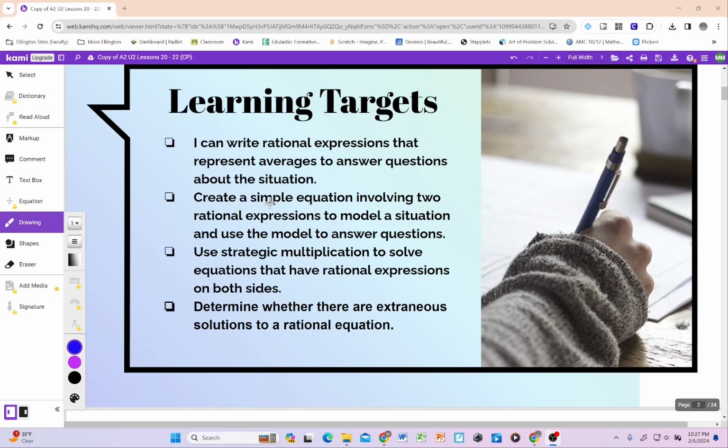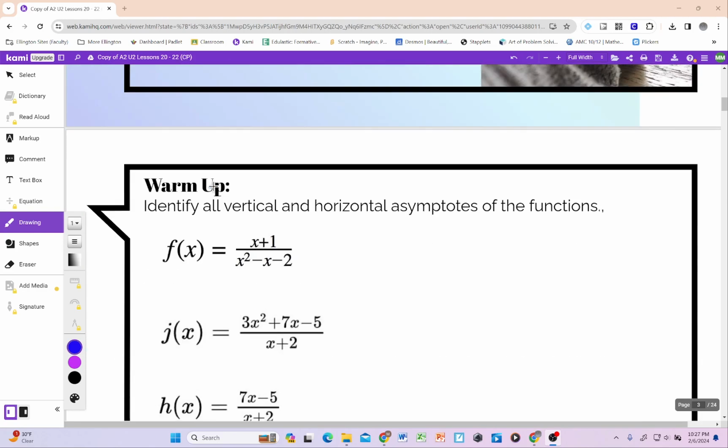Those come out as a result of the fact that we cannot divide by zero. So if a value has the potential of having a zero in the denominator, we will have to be really careful to recognize when that situation pops up. Okay, so other than that, let's get started.